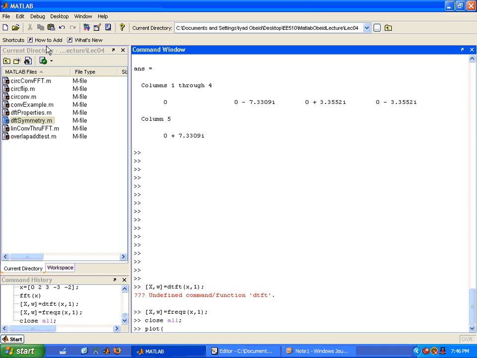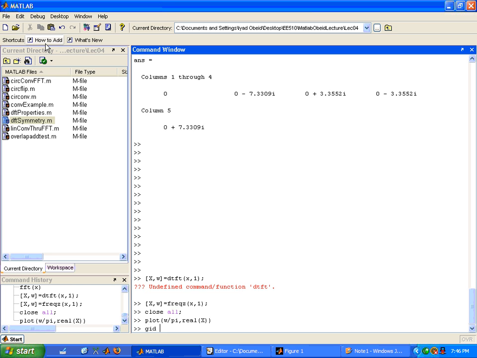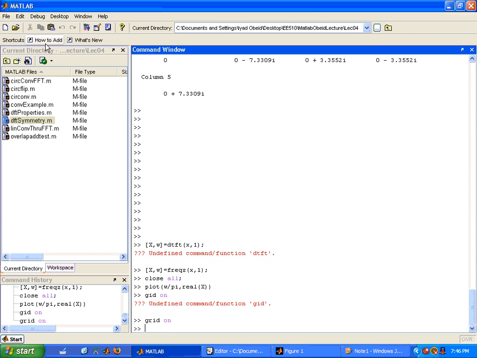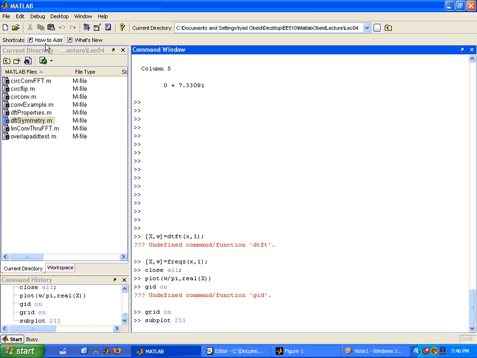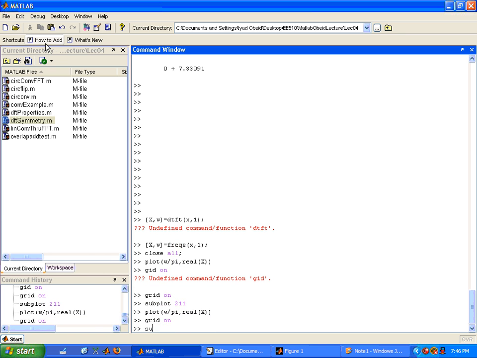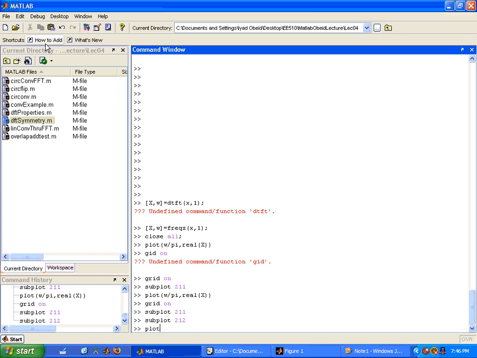Right, so plot omega comma omega divided by pi comma real part of x. Actually, let me do this. Subplot 211 plot grid on, subplot 212 plot.